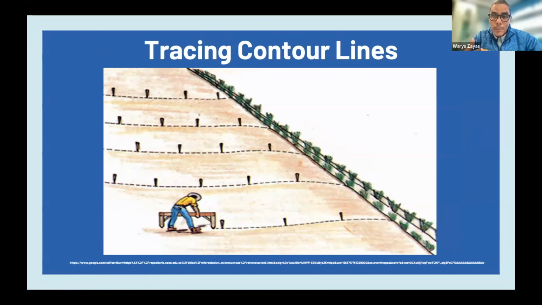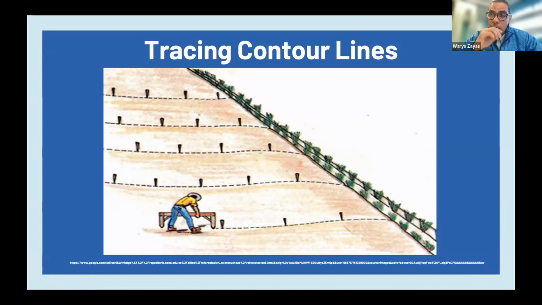Now I will be giving some tips for better line tracing on the field. So let's imagine that this is our field where we want to trace our contour line, and there's nothing here, just us looking at that slope.